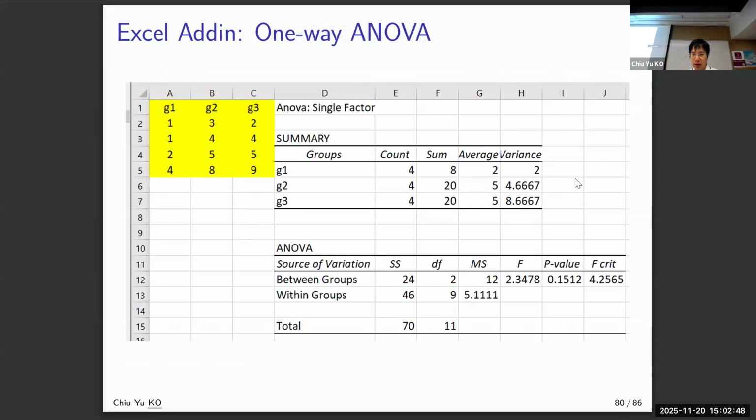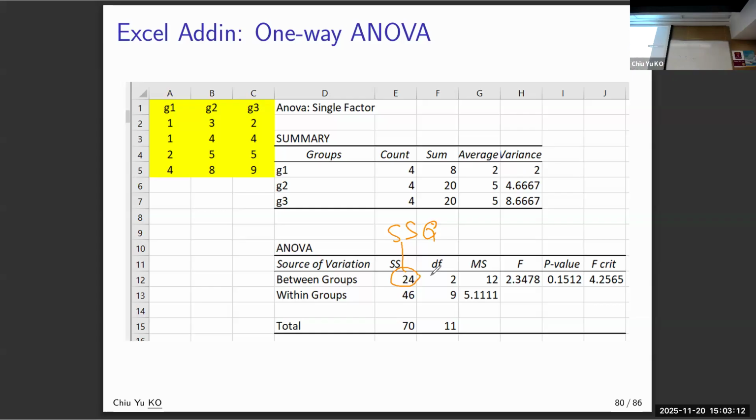Okay, so as I said, this is SSG. It's asking how, with different groups, the group means are different.